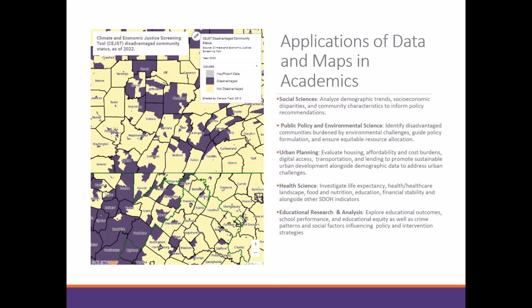In the field of urban planning, users can evaluate housing data, affordability and cost burden information about digital access, transportation, and lending. In the health science field, our users from nursing to medicine to biostatistics to public health can investigate things like life expectancy, the health and healthcare landscape, data on food and nutrition, education, financial stability, all of those data sets that really are defined as social determinants of health indicators.